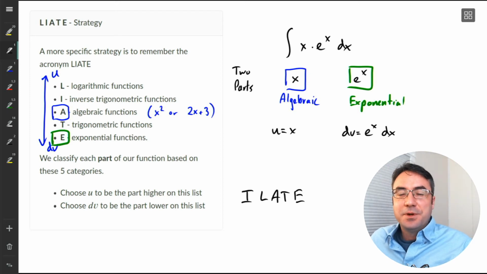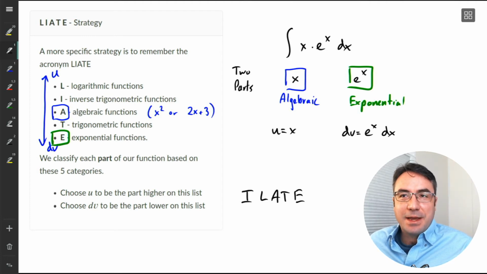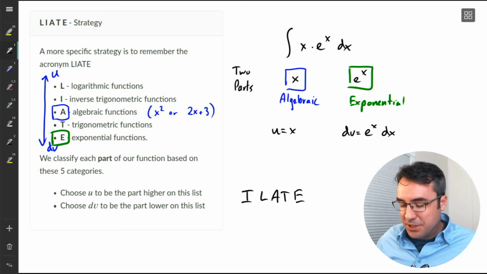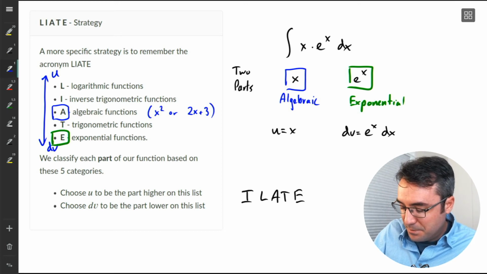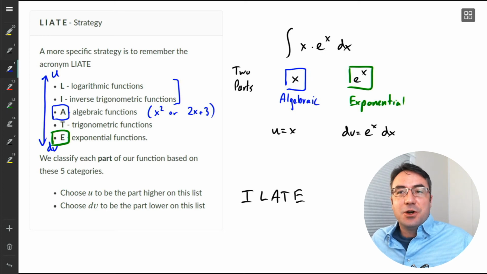So you do the inverse trig functions at the top, then log functions, and then it's similar. Whichever one you remember better is fine. Really the difference here is log functions are really an inverse function, so the ordering for those two really doesn't matter.